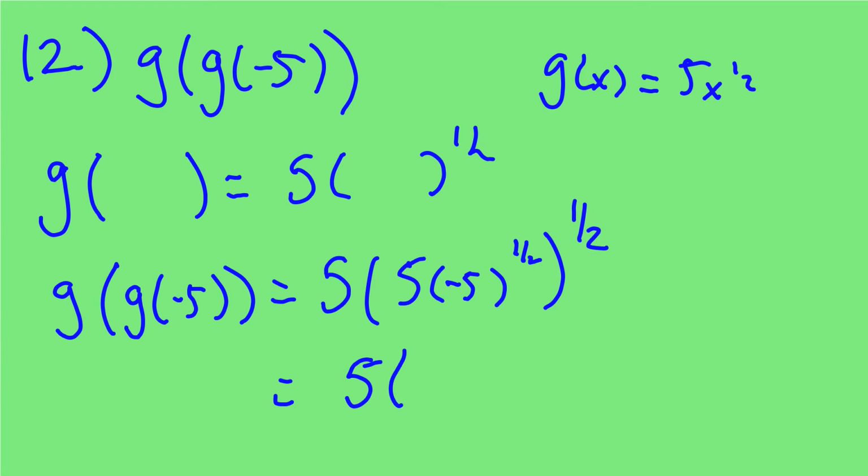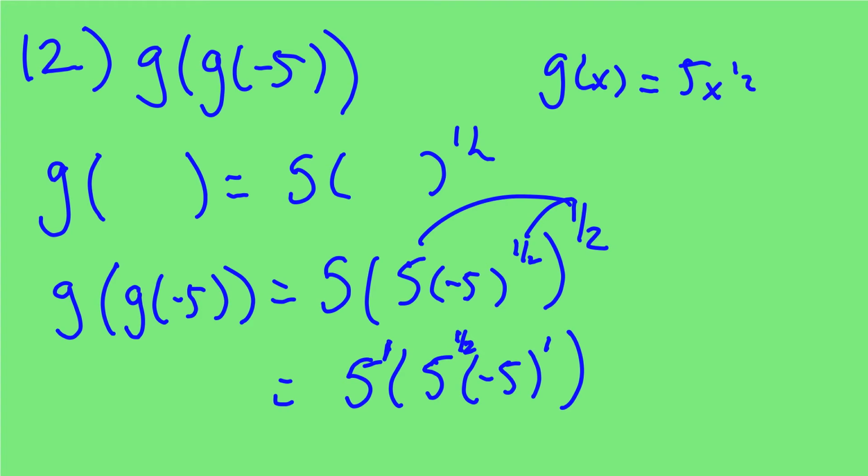So I have 5 times 5 to the negative 5. So the 1/2 goes to both. So I have 5 to the 1/2 and negative 5 to the first. And then they're all 5s, so I'm just going to add up all of them. Remember, there's a 1 there. So I have negative 5 to the 5/2.